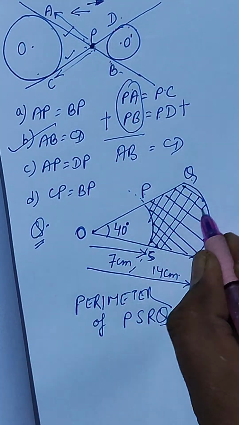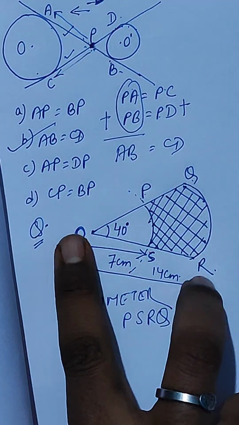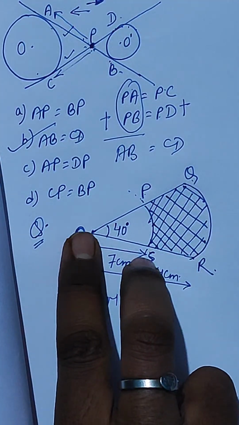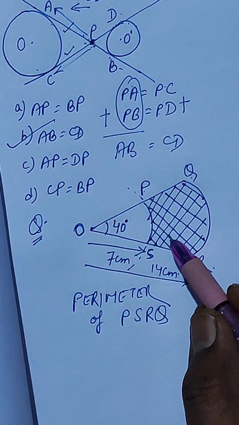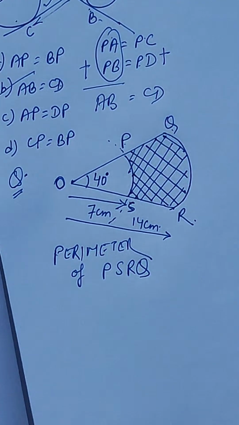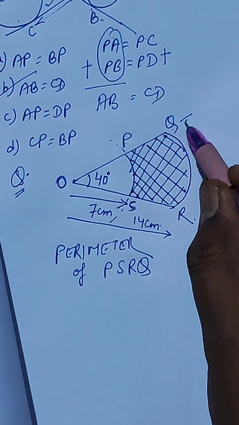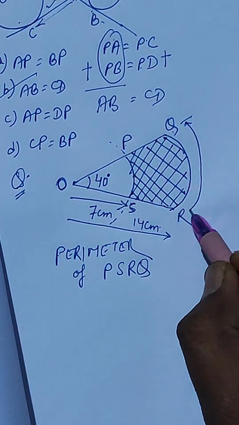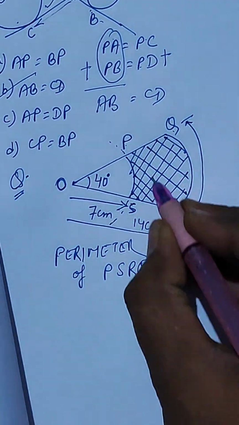So my dear friends, you can see there are two sectors. One is a sector with radius OR and another is with radius OS, right? To find the shaded area's perimeter, you know the formula theta equal to L by R. So this will be the length of the arc QR.